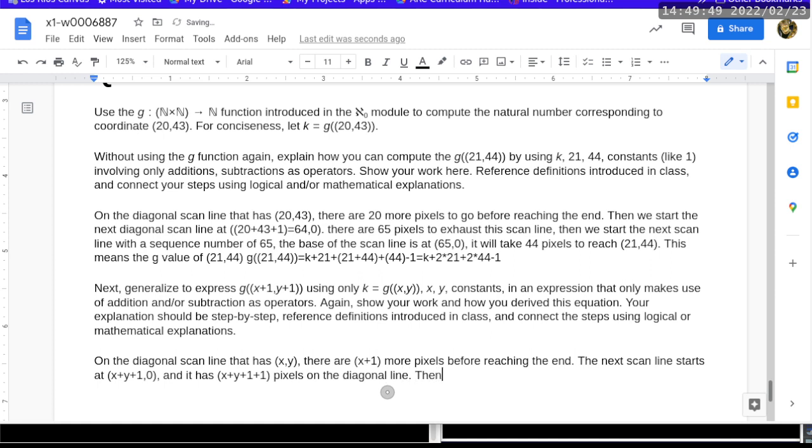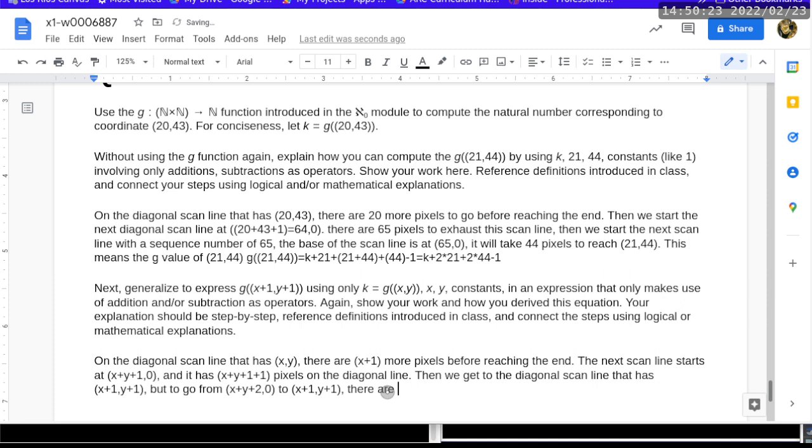Then we get to the diagonal scan line that has x plus 1, y plus 1, but to go from, let's see, x plus y plus 1 plus 1 plus 2, 0, to x plus 1, y plus 1.